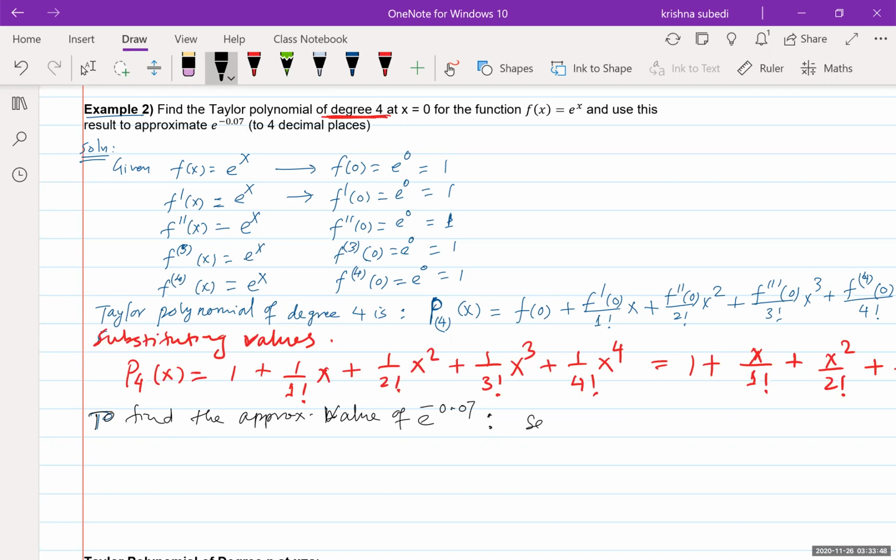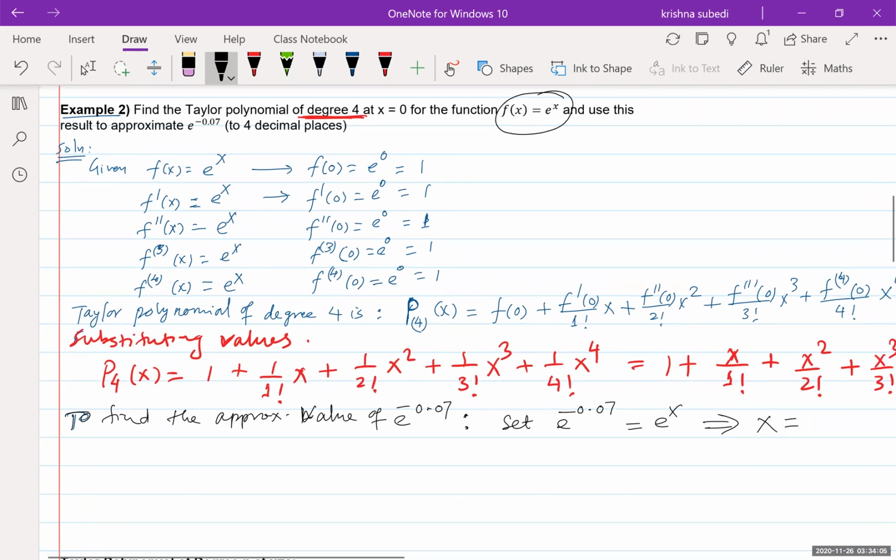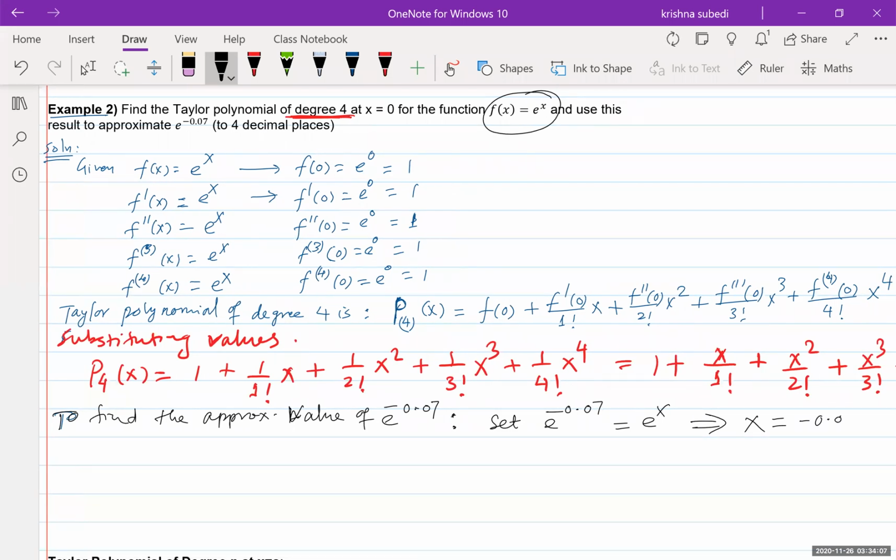So what you do is set e to the negative 0.07 equals e to the x, because that is the function given, right? The function that we started with is e to the x. So you set them equal and calculate the value of x. Clearly, x is negative 0.07.